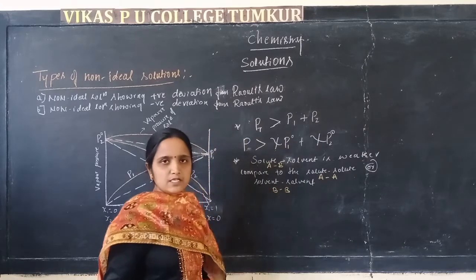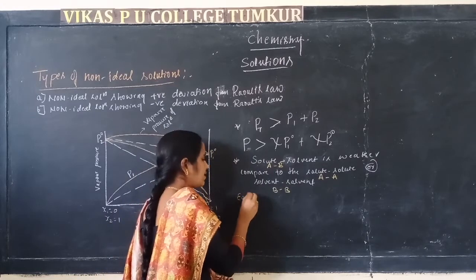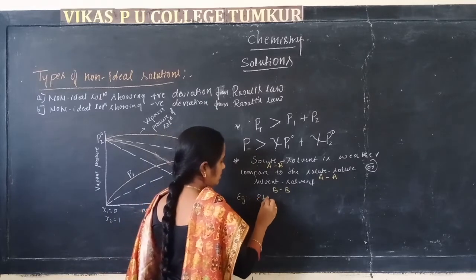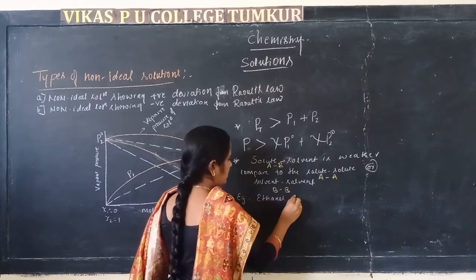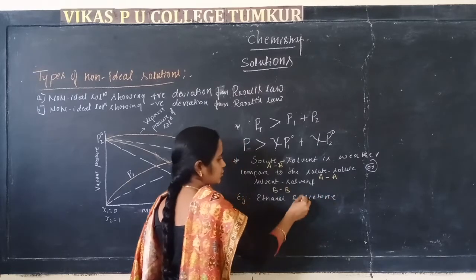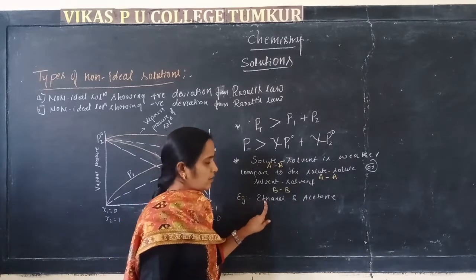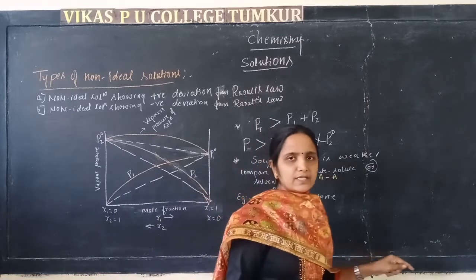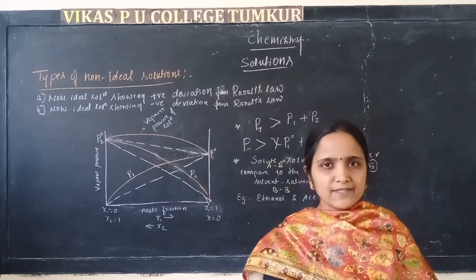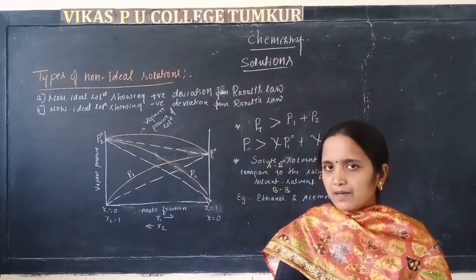Let us take an example for this. The mixture of ethanol and acetone is an example of a non-ideal solution which shows positive deviation from Raoult's law. Ethanol contains hydrogen bonding between its molecules.